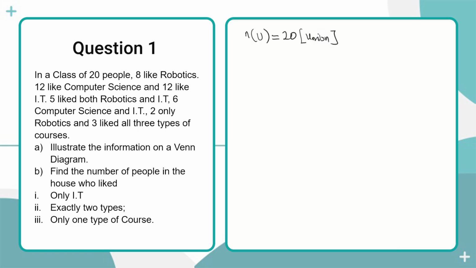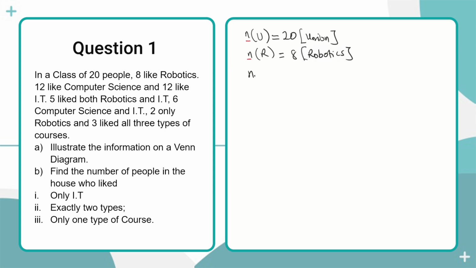Now, 8 like robotics, so we can represent robotics with capital R, and n represents the number, right? When we put n at the side here, it represents the number, because this is what they've given to us in terms of the number. So n(R) is 8.